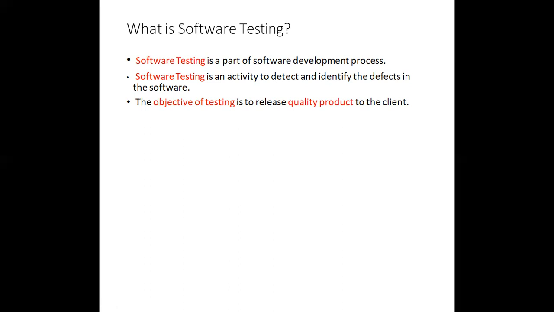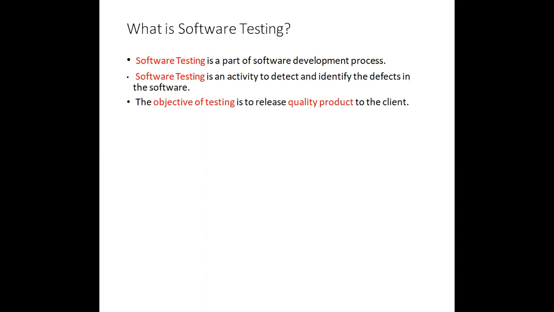A bug is, for example, the unexpected behavior of the application, and it is called a bug or defect. For example, we have a logical function like add.